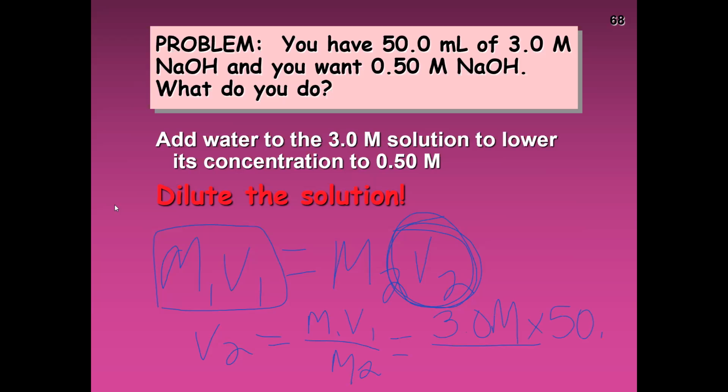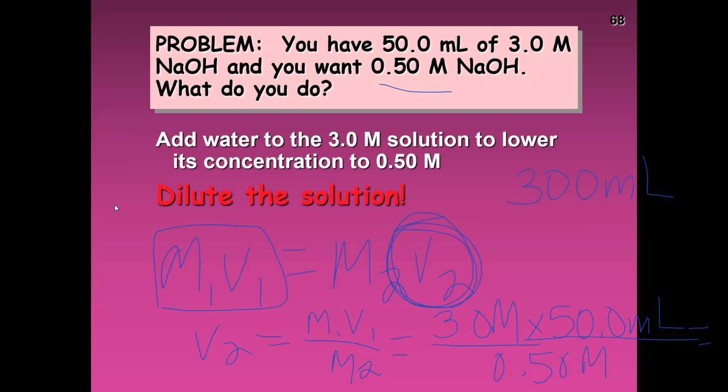If you want it in liters, then they will tell you that. And you're dividing it by the molarity of the other one, 0.50 molar. That's going to give you the volume. So when you multiply 3 times 50 and divide it by 0.5, you get 300. So 300 milliliters is how much you need to add to the 50.